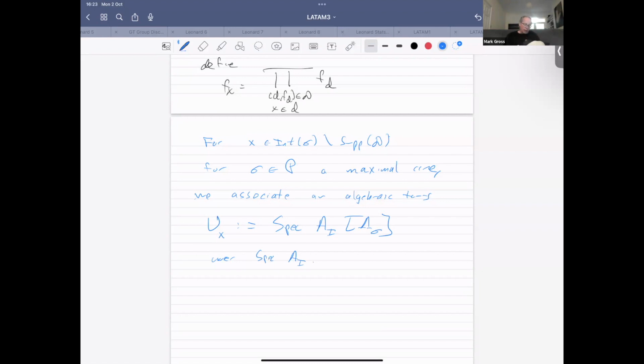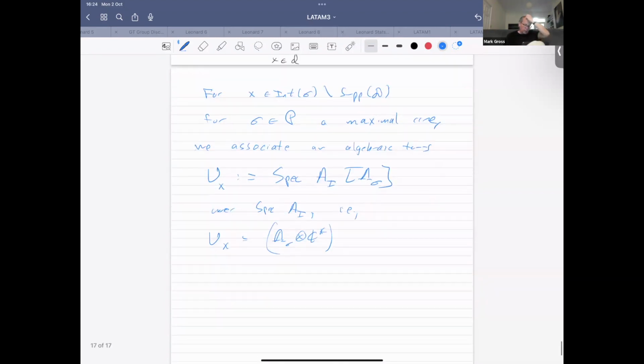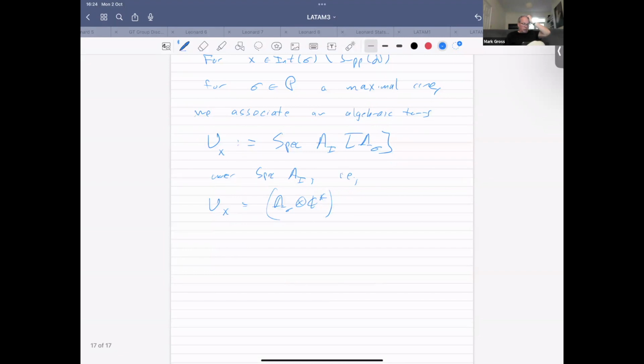In other words, U_x can be thought of as the algebraic torus Lambda_sigma tensor C^*, but then crossed with this little base scheme Spec A_I. We're going to be building something over Spec A_I. So this is a trivial family of algebraic tori.